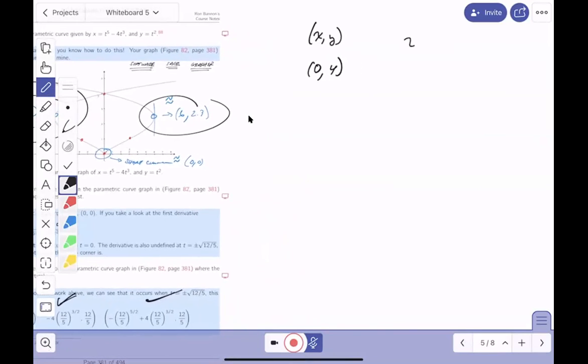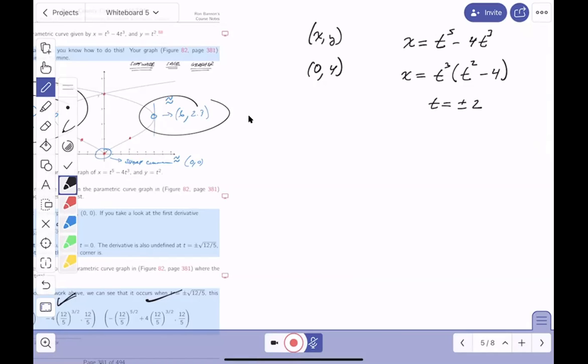We had x equals. We did this before. If you remember, I factored this guy, and that would be t cubed, t squared minus 4. And that would occur. Did I do that right? Yeah, t is plus or minus 2.